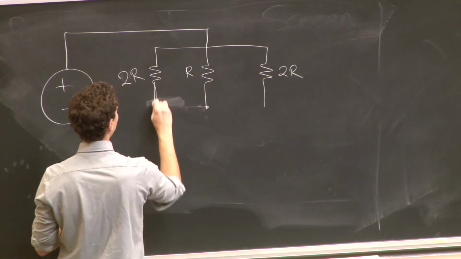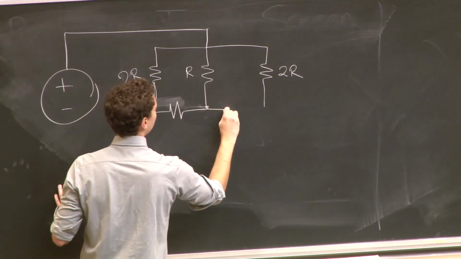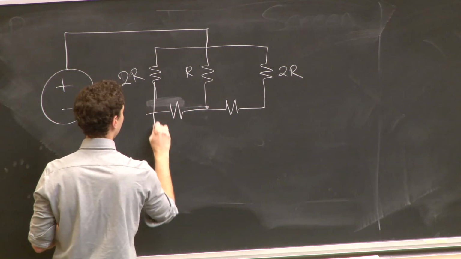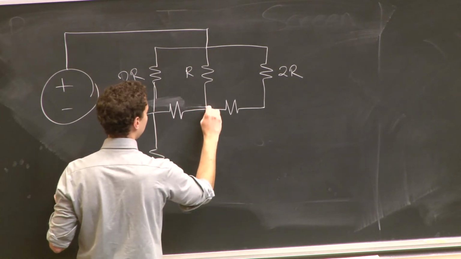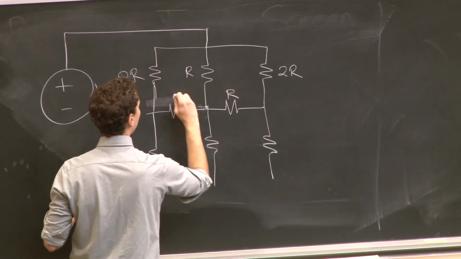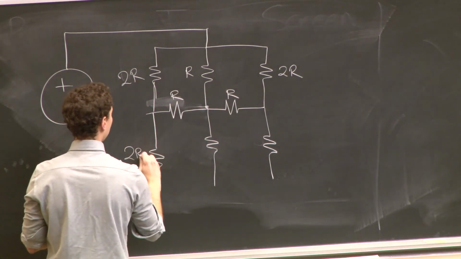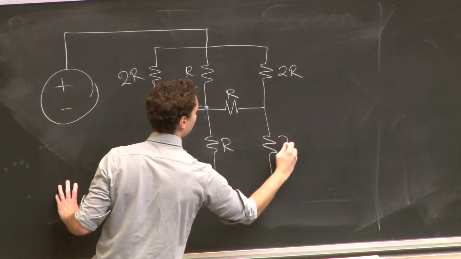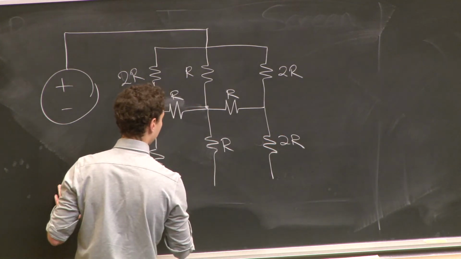Let me draw this a little bit bigger. And these I'm also going to combine. So this is still R, R, 2R, R, 2R.